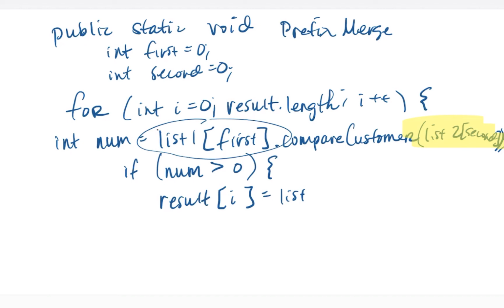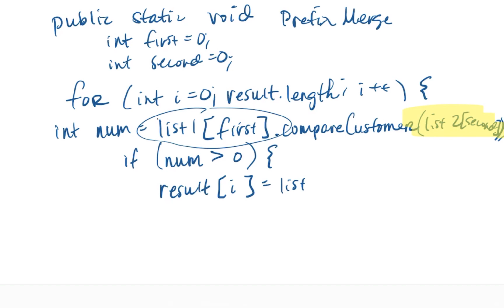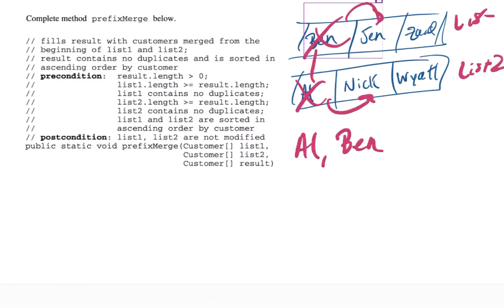So we are going to populate that element from the second list, which was list 2, the first element from that second list. And if that happens, so in this case, let's say list 2, I used Al. What did I do? I crossed it off.